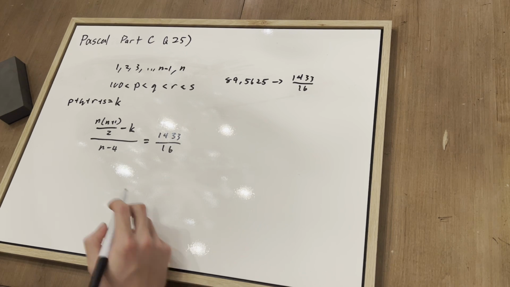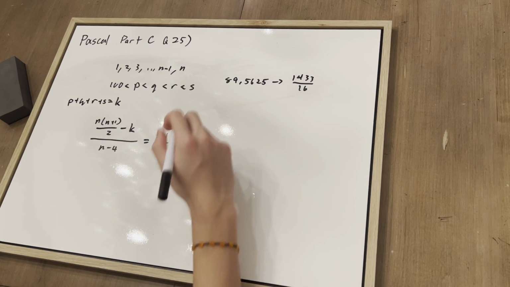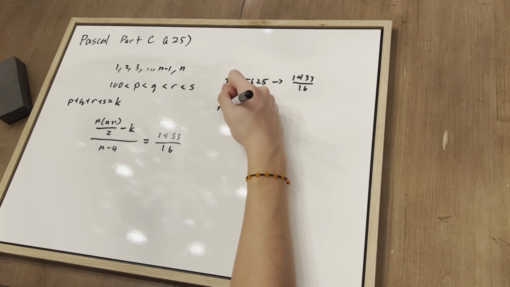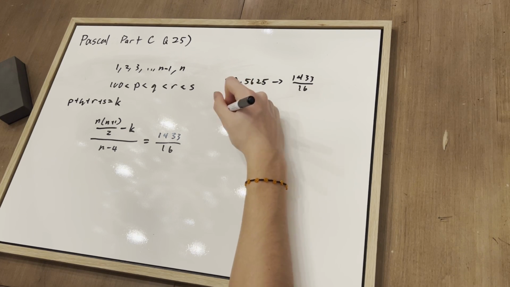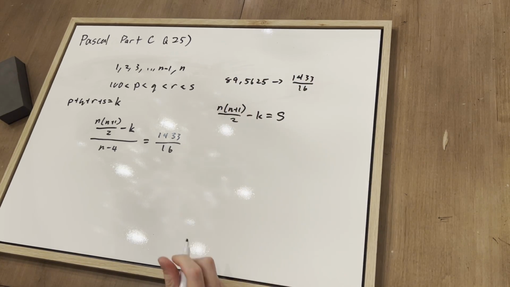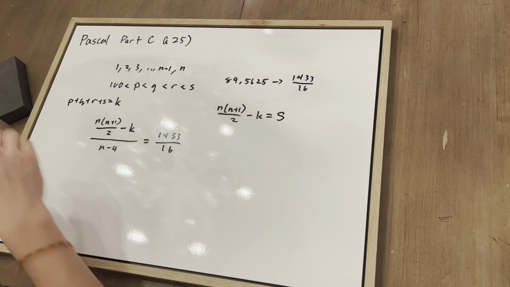For the sake of conciseness, we can write this whole mess as another variable, just to make things look nicer and easier to understand. So we can define n times n plus 1 over 2 minus k equals a new integer, s. This seems kind of arbitrary, but it just helps visualize things a bit.